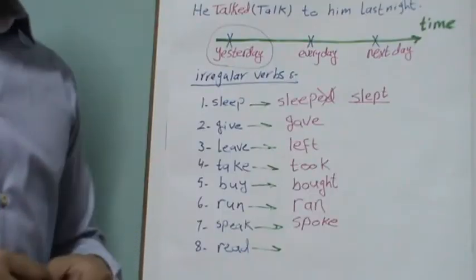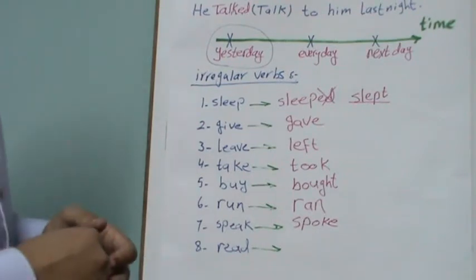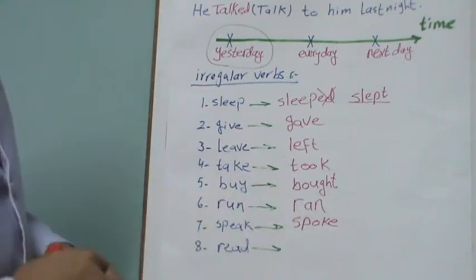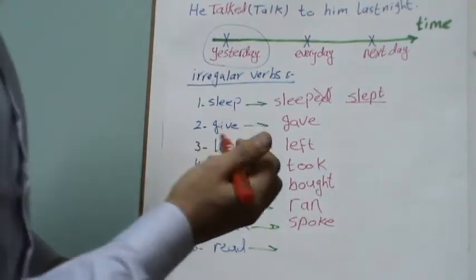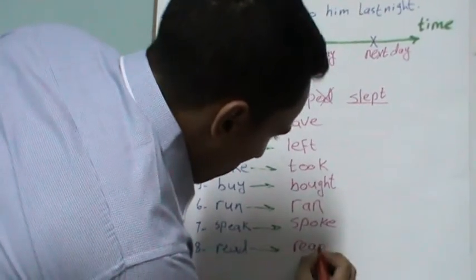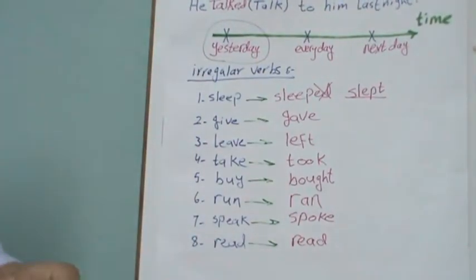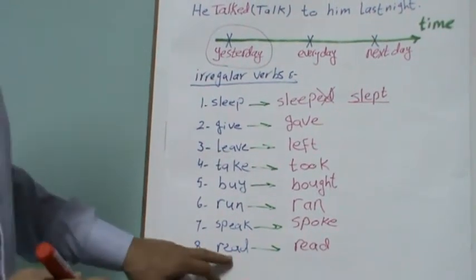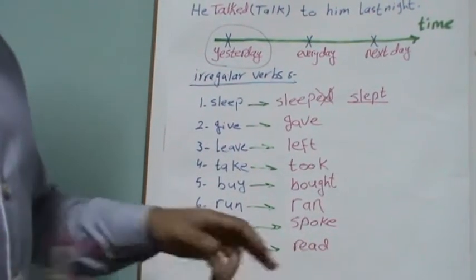Okay? And our last verb, which is a tricky verb, we write it as it is in past simple, but its pronunciation is different. So in present it's read, and in past it's read.